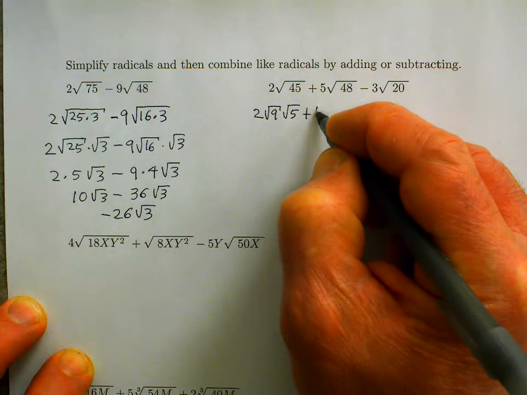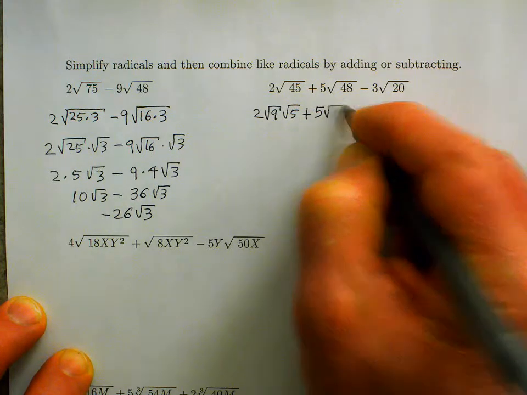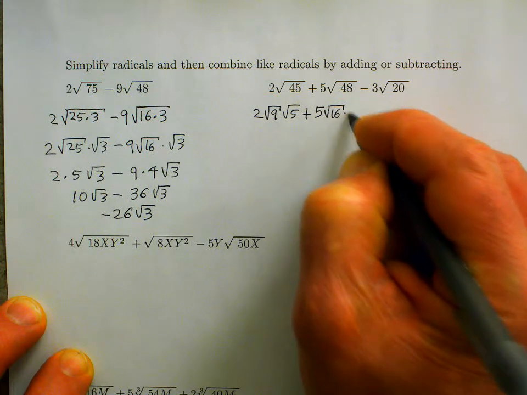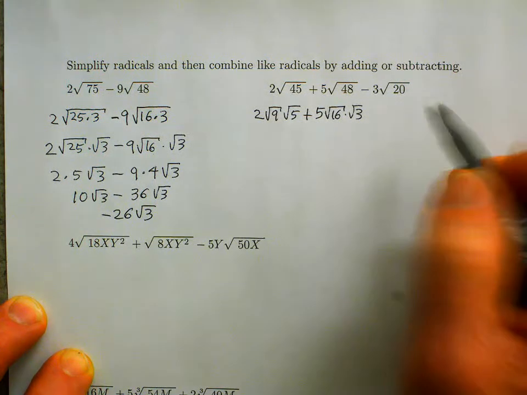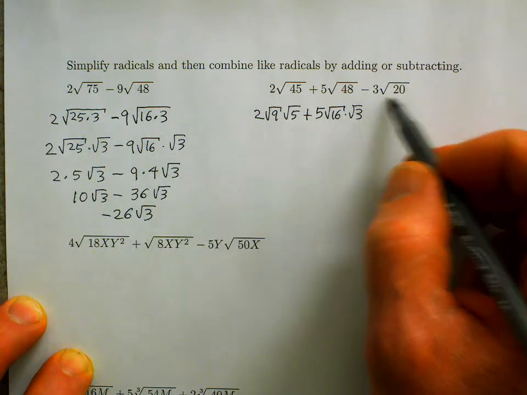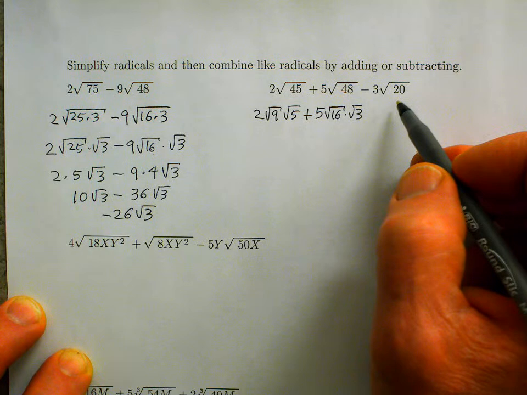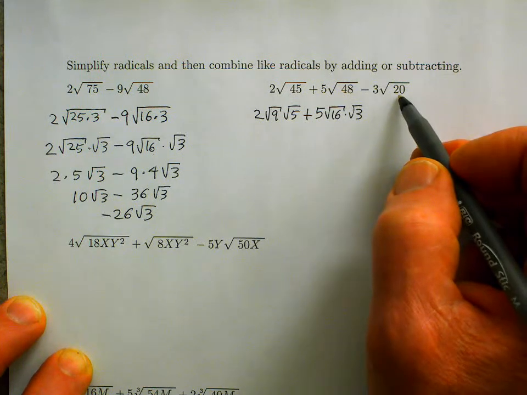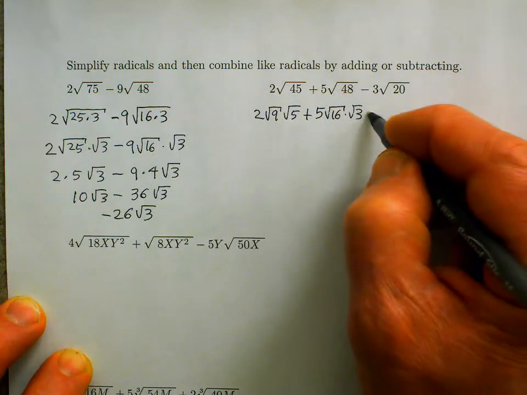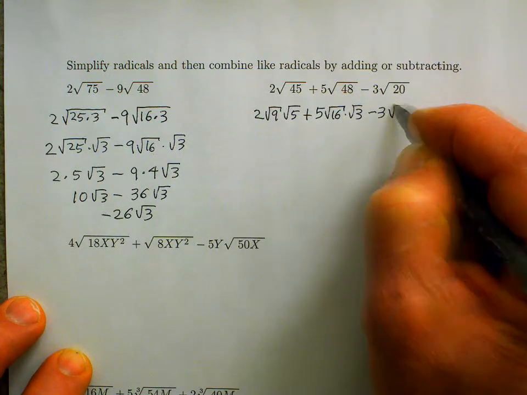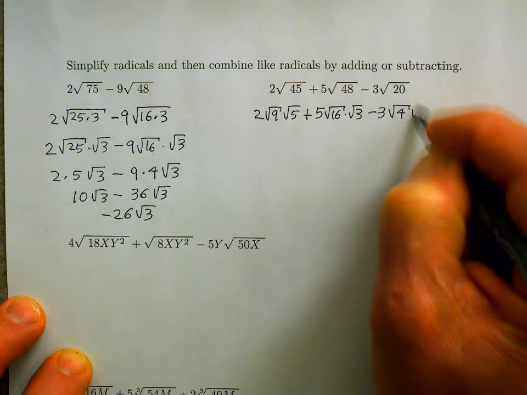So we can rewrite this as 5 times the square root of 16 times the square root of 3. And then minus 3 times the square root of 20. The largest factor of 20 that's a perfect square is 4. 4 times 5 is 20. So we write minus 3 times the square root of 4 times the square root of 5.